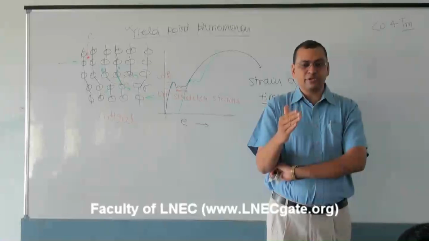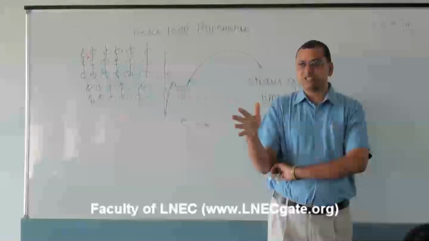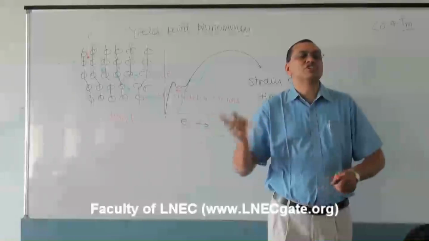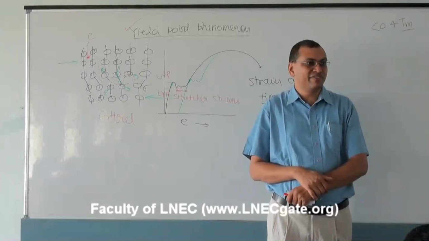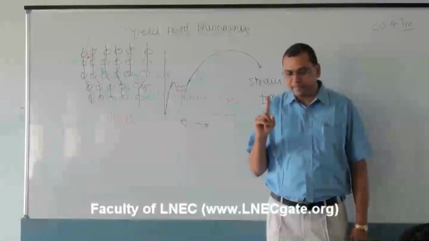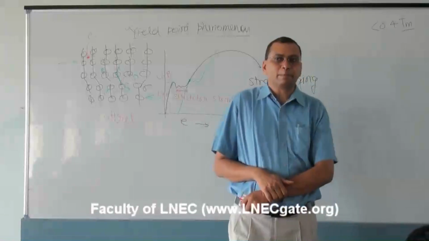So once the dislocation jumps to a new position, carbon is already there. So there is no question of appearance of the lower yield point and yield point phenomenon. So this phenomenon appears only in low carbon steels.